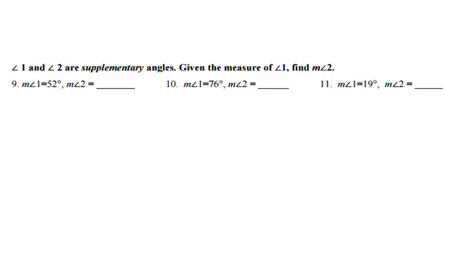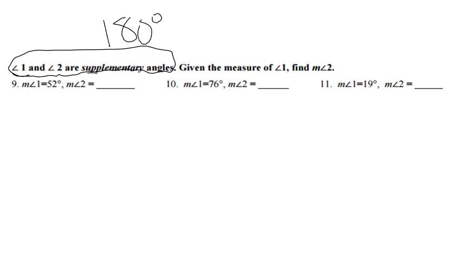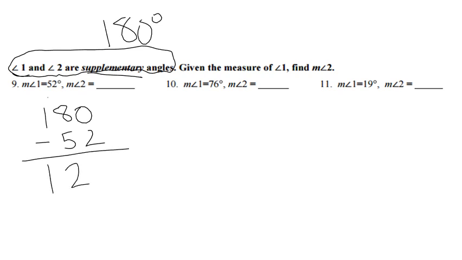Let's pretend we're back at the stores. We know that we have $180 to spend because the angles are supplementary. So here at the first store, we spent $52. So if we subtract that from the 180, we have $128 to spend at store 2.